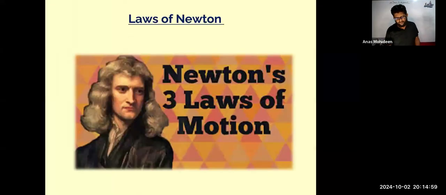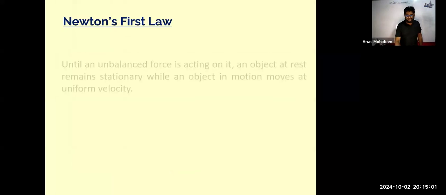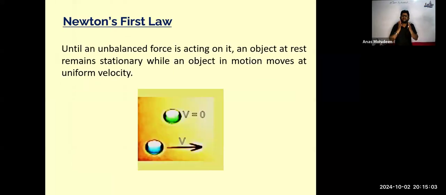The first law says that unless an unbalanced force is acting on it, an object at rest remains stationary, while an object in motion moves at uniform velocity. We already learned about the unbalanced force, right? You are applying a force, but the object is not moving because an opposing contact force is there, maybe friction, drag, air resistance, whatever.